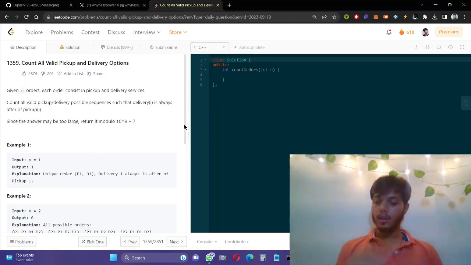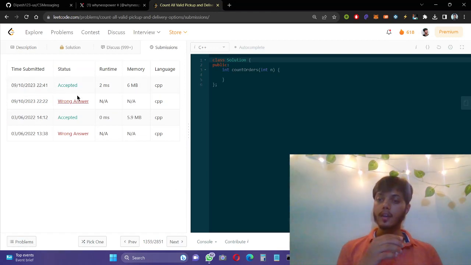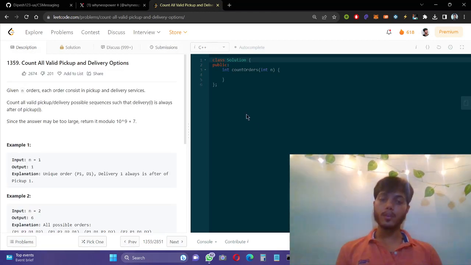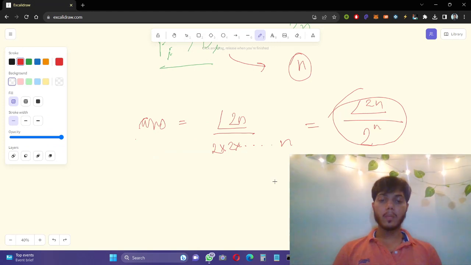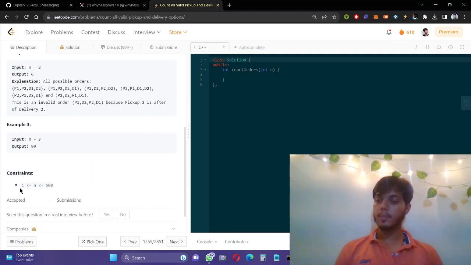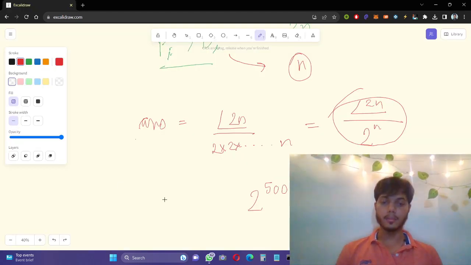But if you just program this, which I definitely did, as you can see here, it's giving me the wrong answer for a few of the cases. Why? Because finding 2 raised to power 500, as you can see, the n constraints are pretty large. This is a very, very large number.